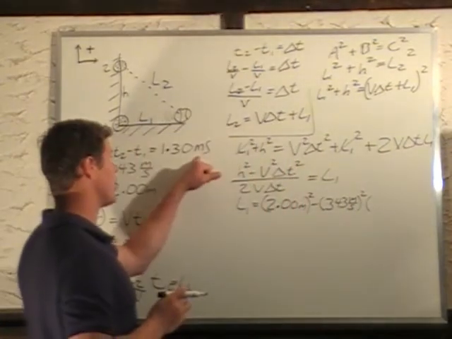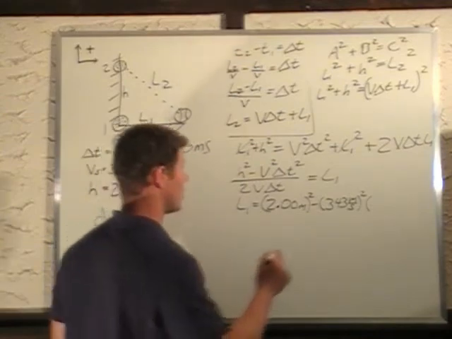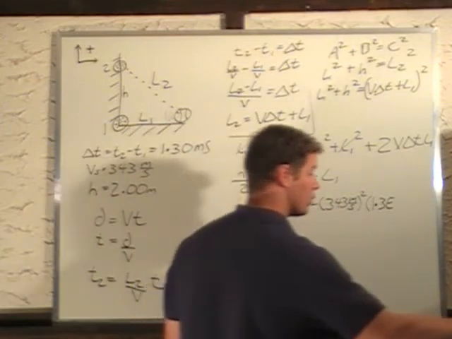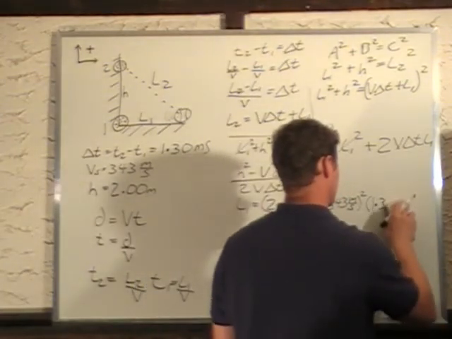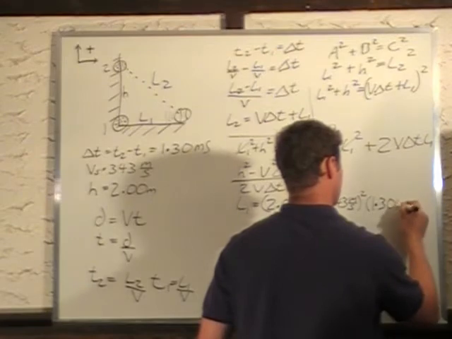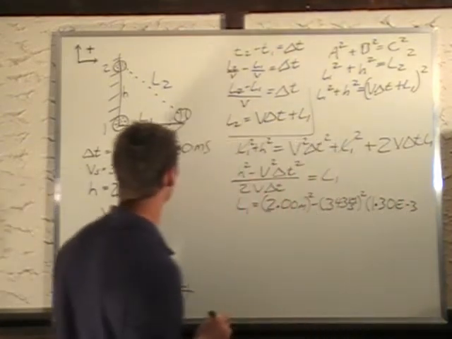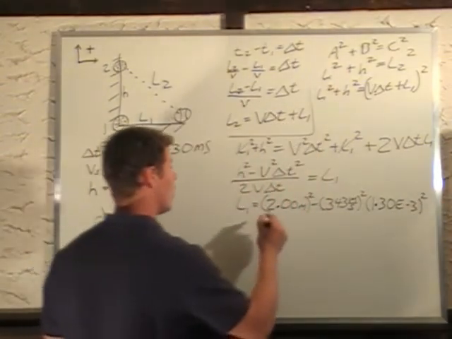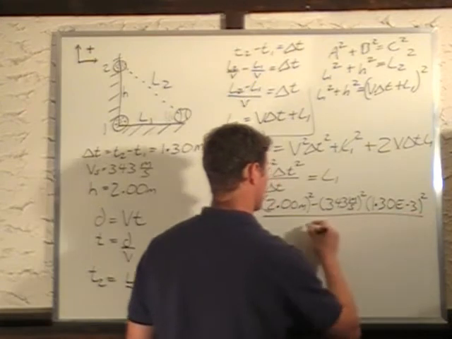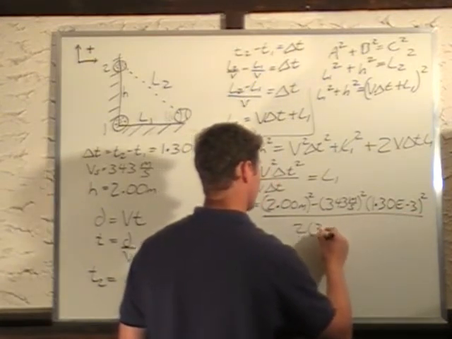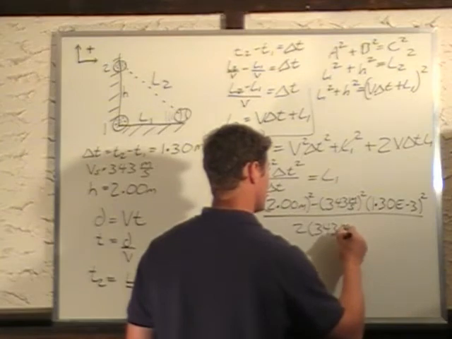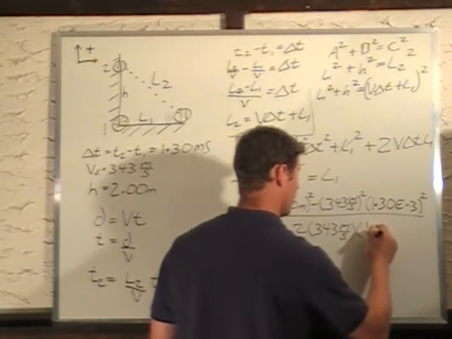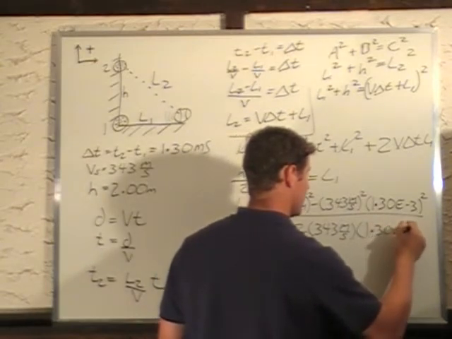Milliseconds is times 10 to the minus 3, and we want this in seconds, so I put in 1.30 times 10 to the minus 3, all divided by 2 times our velocity of 343 meters per second times our delta t, 1.30 times 10 to the minus 3.